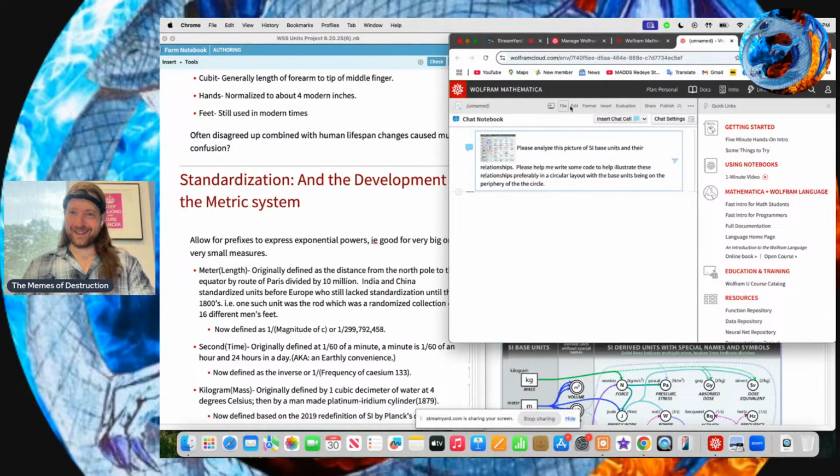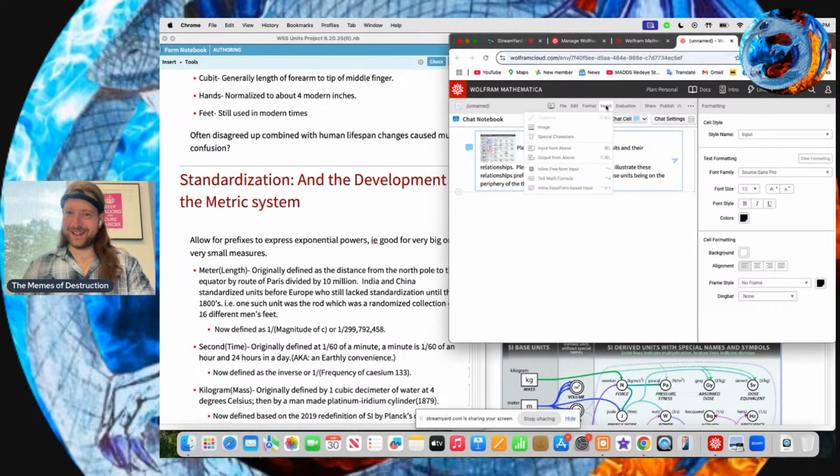Okay, hold on. Let's quit the kernel. Where is this? Edit, format, evaluation. Let's quit the kernel. All right. Okay, so let's do this.